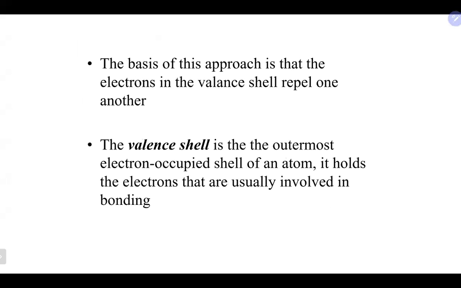Now, in most cases, a lot of things that you draw will have just one central atom, but if it does have multiple central atoms, you do each central atom individually for the geometry. The idea here is obviously electrons are involved. Electrons are negatively charged, which means electrons do not want to be near each other.